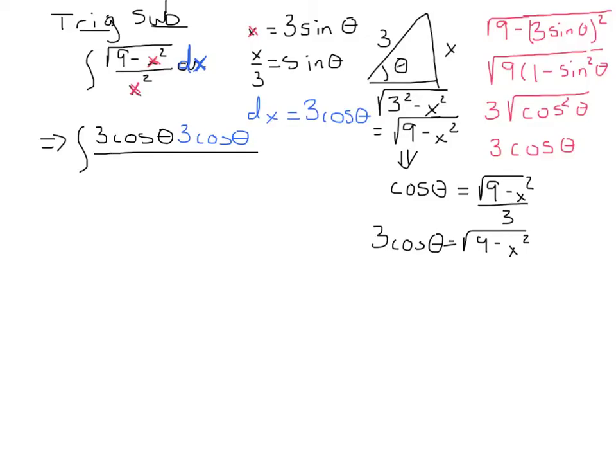And then in the denominator, I have this x squared. So I've got 3 sine, and I'm going to square that. X was 3 sine of theta, so I'm going to square it and put it in the denominator.